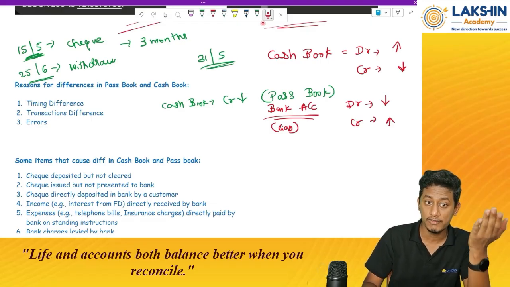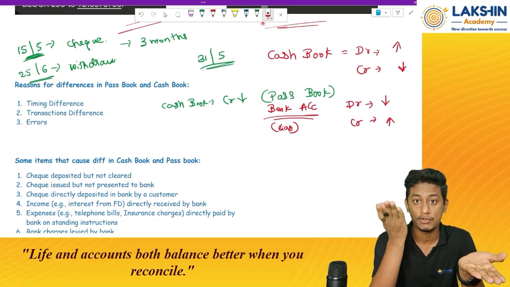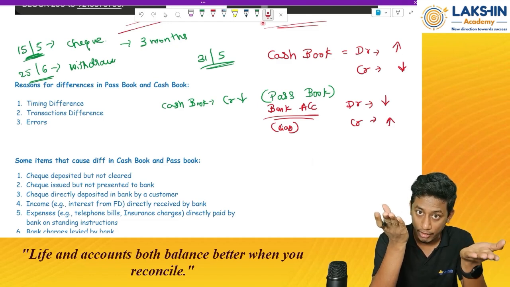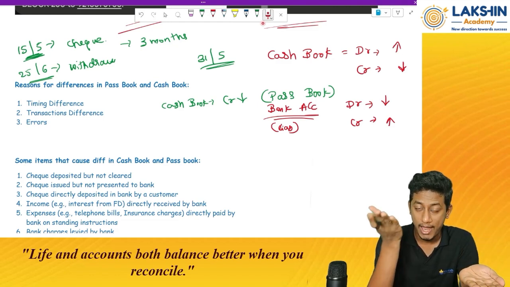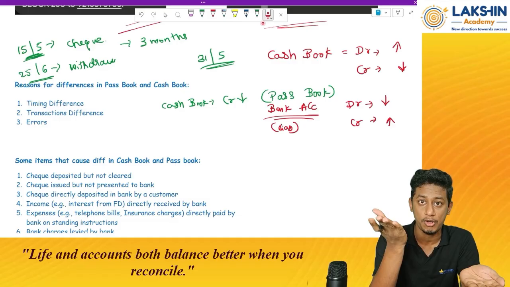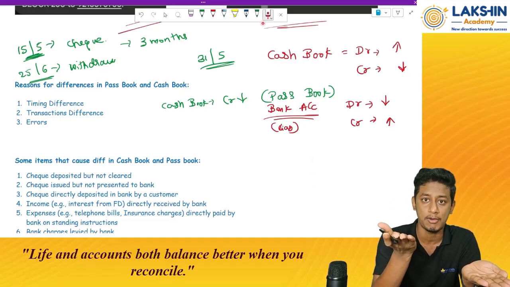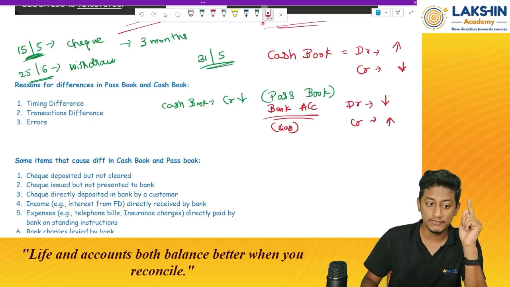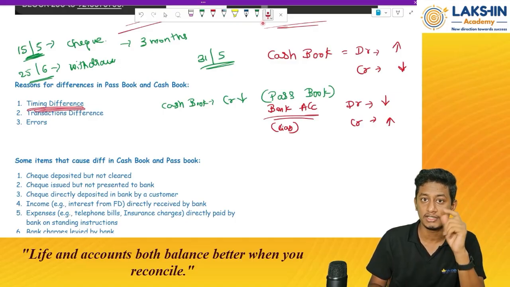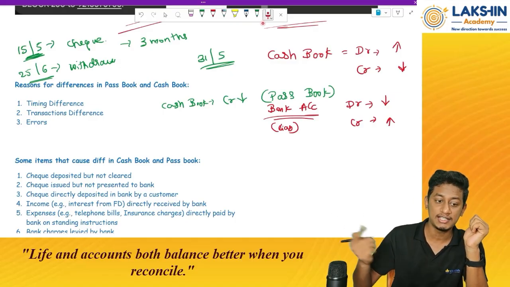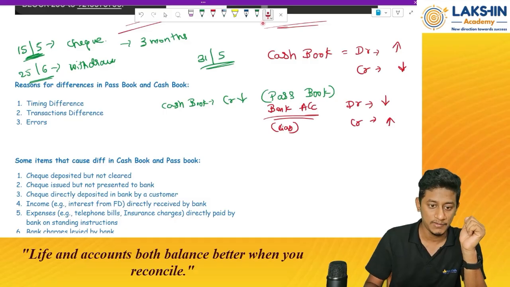So my cash book will show a lower balance, whereas my passbook will show a higher balance, because in the cash book I have already reduced the check amount, but the bank balance still reflects that amount because the customer has not yet withdrawn it. The customer is taking time to withdraw the amount. So this is one of the timing differences, on different dates. Clear? Okay.